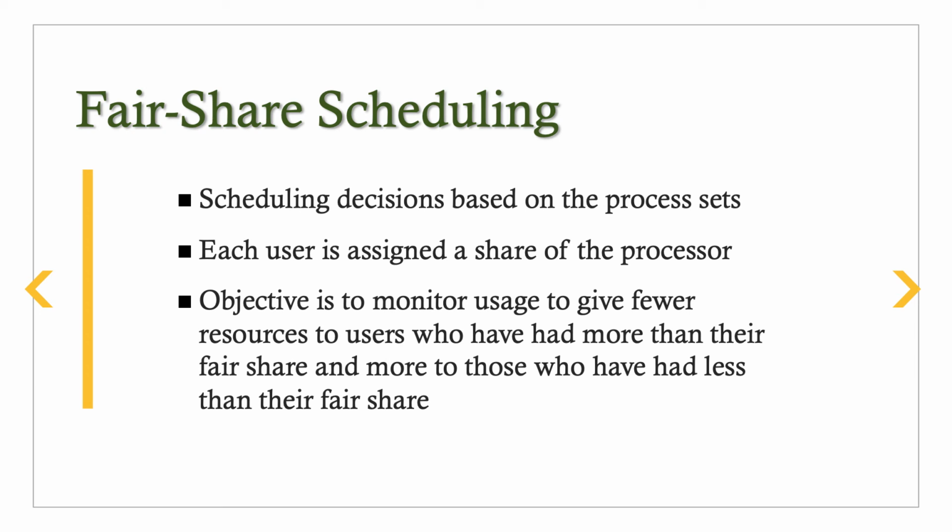So we're keeping track of the total amount of time that processes in a particular process set have been running. If we see that process set A has gotten a ton of time and process set B hasn't gotten very much, we're going to start prioritizing things from process set B. So we keep things fair. We keep things kind of even.